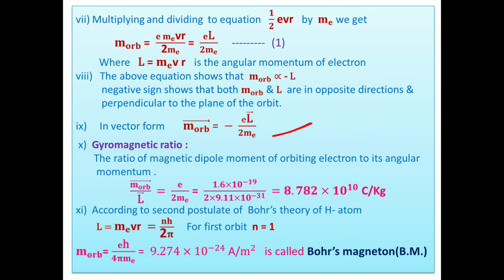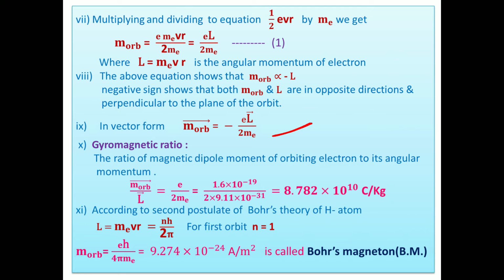According to the second postulate of Bohr, which we discussed in chapter number 15, angular momentum equals me v r, which is equal to n h upon 2 pi. h is Planck's constant, n being the orbit number. In the first orbit, n is 1.